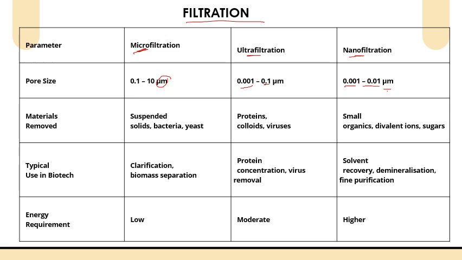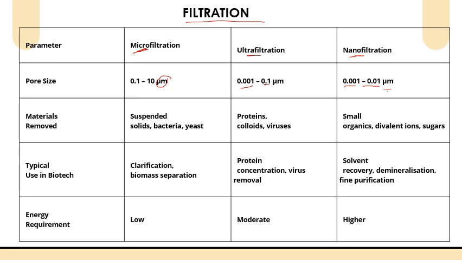The last one is nanofiltration, which is bridging the gap between those two, and sometimes it could use reverse osmosis. So in this case, it retains smaller molecules like organic molecules, divalent ions, and also sugar. It is used for solvent recovery, also for demineralization and fine purification.